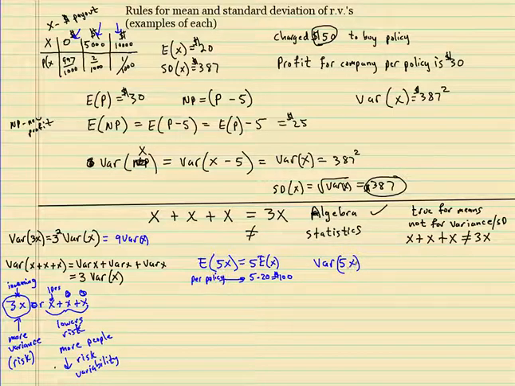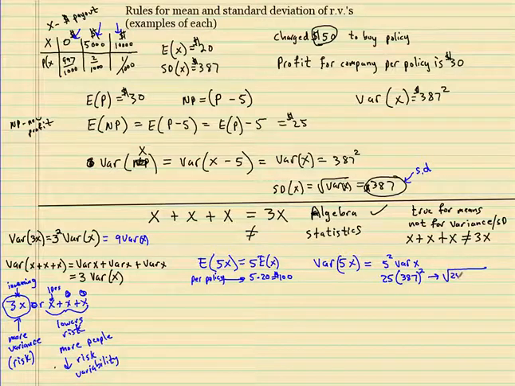Now what about this variance of 5x? The formula says take the 5 out, square it, times the variance of x. So this is going to be 25 times 387 squared, because this is variance. This is standard deviation. So to go to variance, I square it, but to turn it back into standard deviation, I take the square root of 25 times 387 squared, which is just equal to 5 times 387.